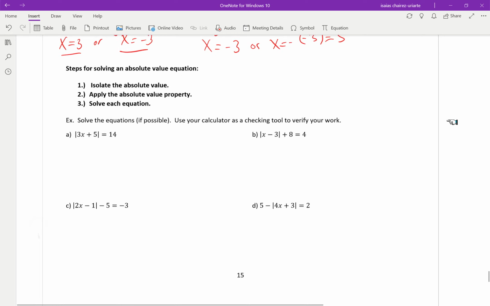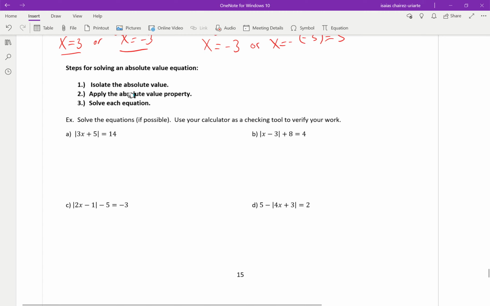Let's get into some examples that are a little bit more challenging. They give us some instructions on how to tackle absolute value equations. First, isolate the absolute value part, so leave it all by itself on one side of the equation. Even if you had multiple absolute values, try to isolate one of them.